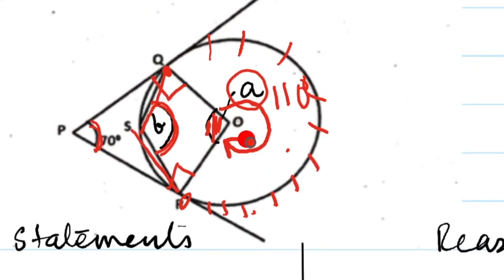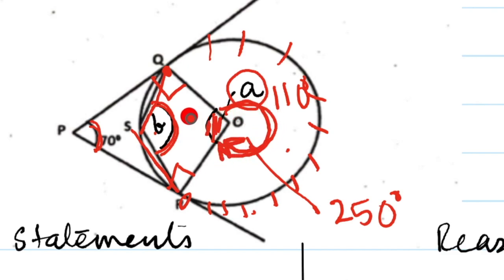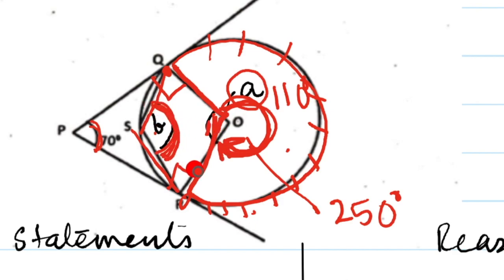So we have this angle, this is 250 degrees, and this is going to be connected with this angle because this one is the angle at the center and this is the angle at the circumference, which is subtended by the same arc, which is the major arc. Okay, this is subtending this angle at the center and this angle at the circumference.